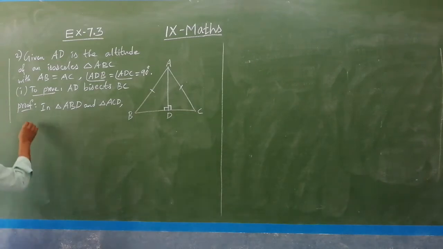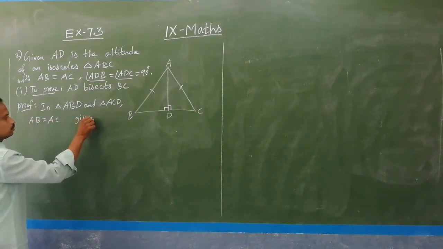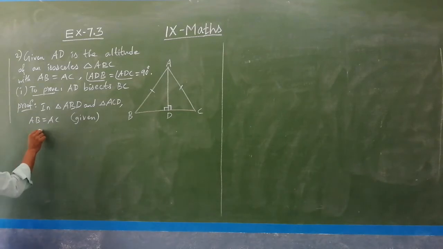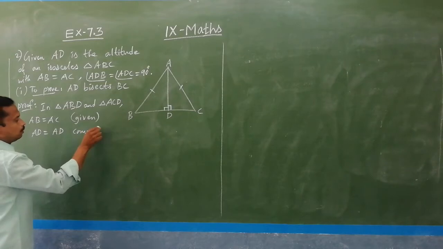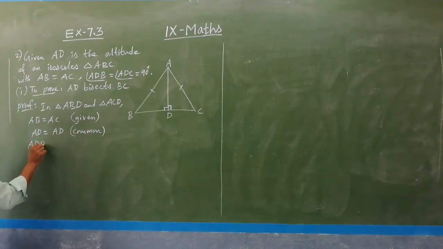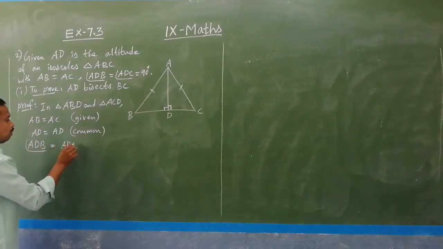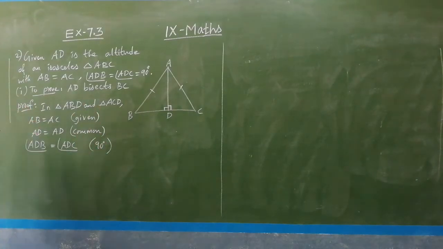For that we have AB equal to AC, that is given, and then AD is common, AD equal to AD, common side, and then angle ADB is equal to angle ADC because 90 degrees, that is also given, you know.